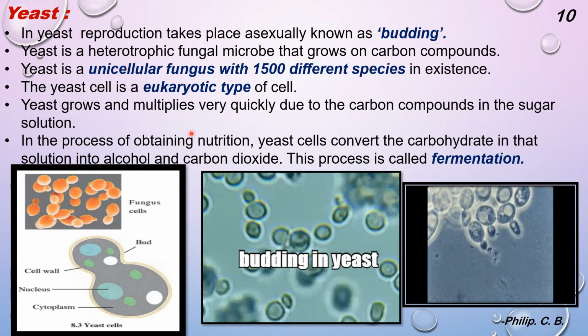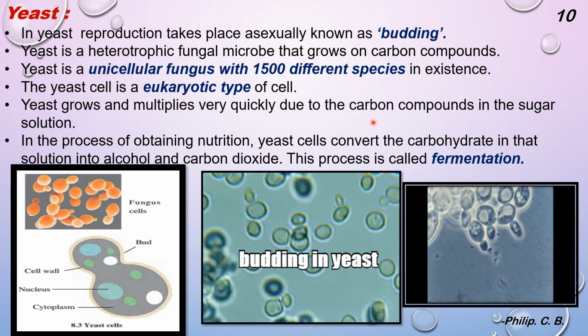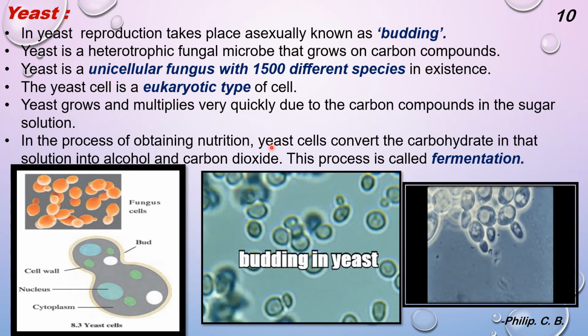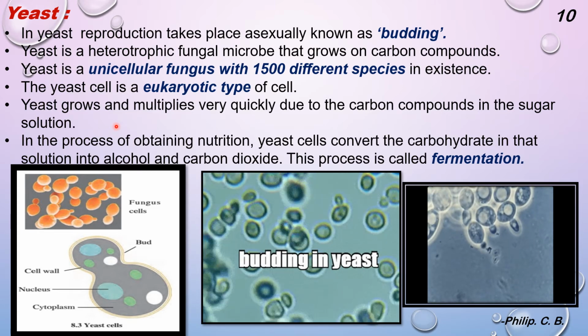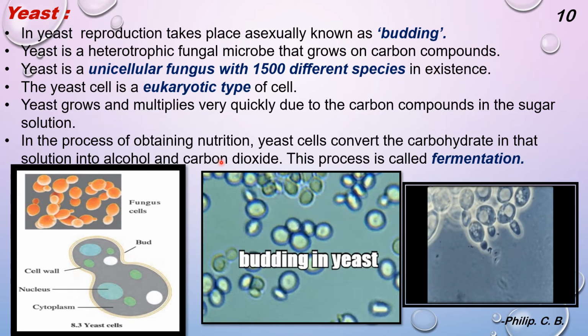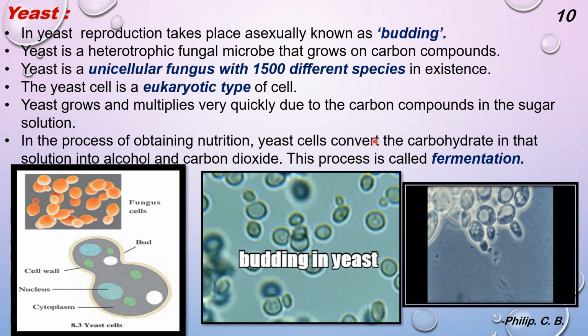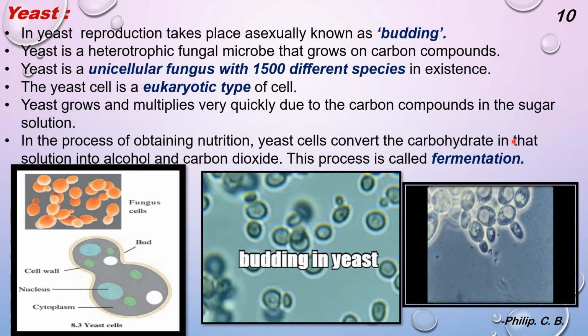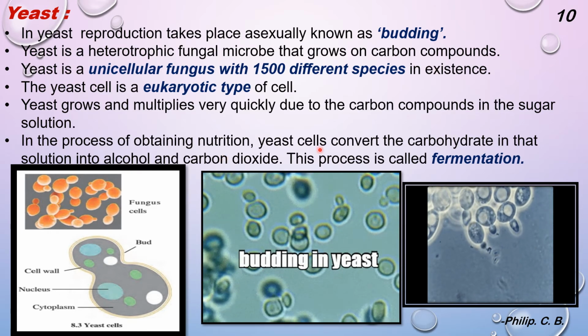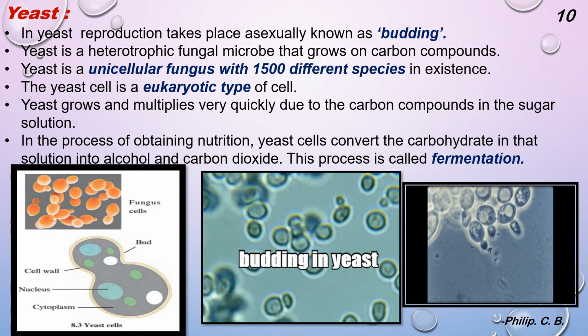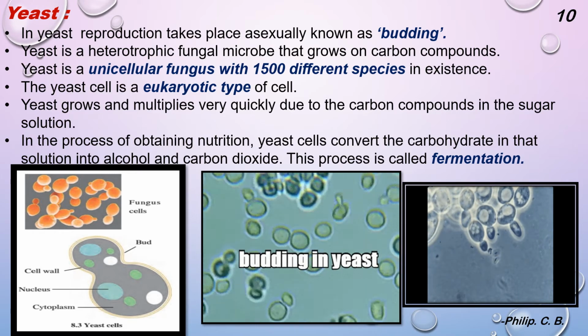Yeast grows and multiplies very quickly due to the carbon compounds in the sugar solution; because of the sugary medium, the yeast grows faster. In the process of obtaining nutrition, yeast cells convert the carbohydrate in that solution into alcohol and carbon dioxide. This process is called fermentation. Clear?